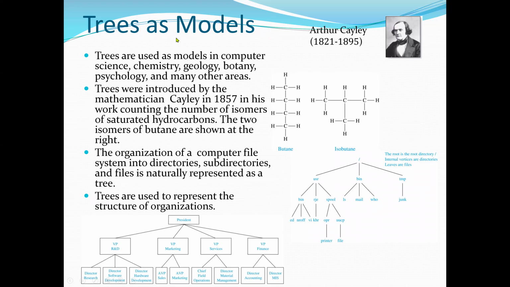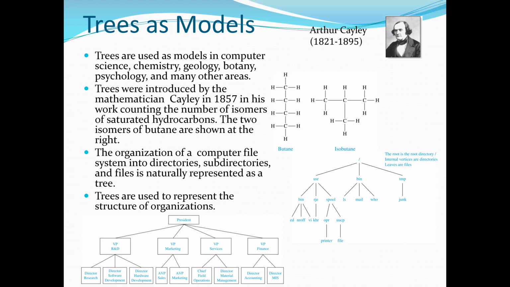So we also have trees as models, especially trees are used a lot in computer science. In computer science, we have a tree data structure, where normally the data is organized in a hierarchical form. In computational biology also, species can be arranged in hierarchical form, in the form of a tree.